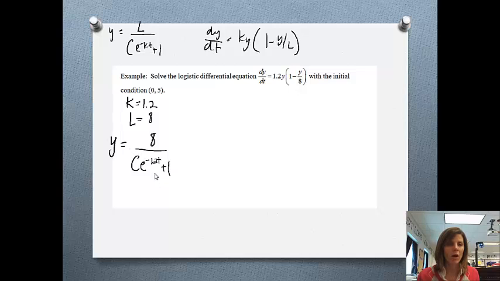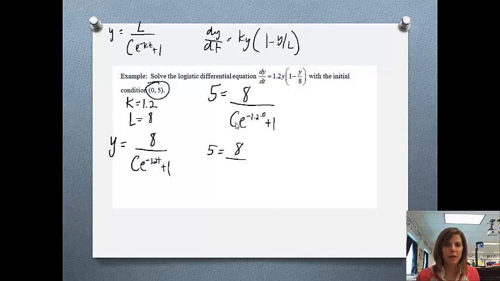Okay, now all I need to do is figure out my C. They did give me an initial condition to figure that out. So I'm going to have 5 equals 8 over C e to the negative 1.2 times 0 plus 1. So I'll get 5 equals 8 over, e to the 0 will end up being 1, so I'll end up getting C plus 1. If I cross multiply, I'll get 8 equals 5 times the quantity C plus 1.